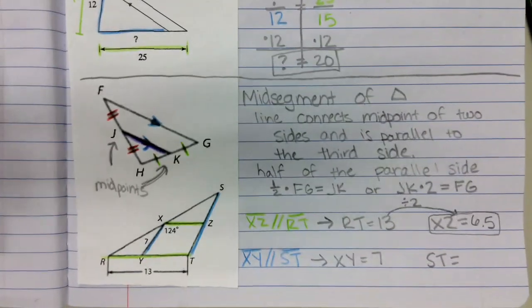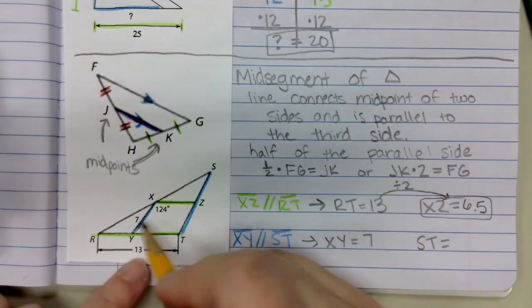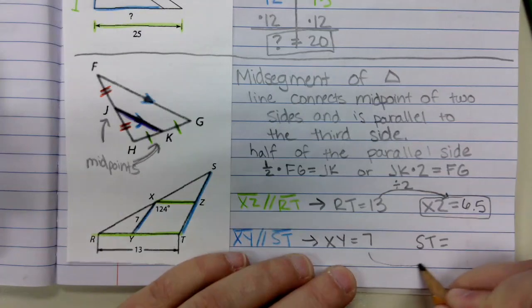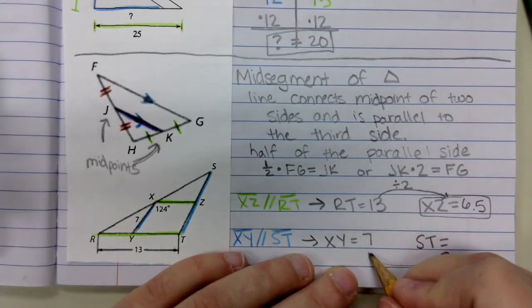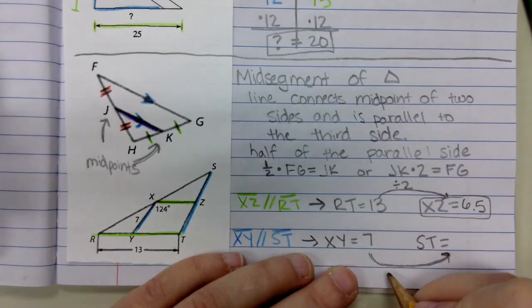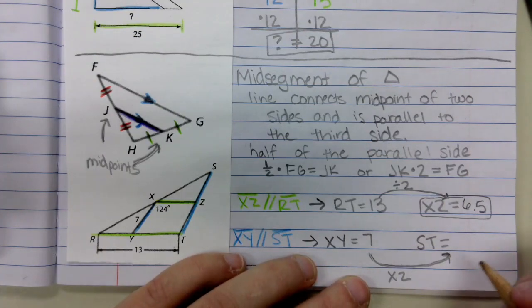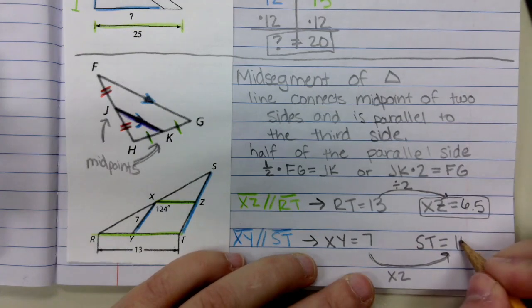Oops, you couldn't see that before, sorry. So that's 7. So to get the other part, we're going to double it. So we take that mid-segment and we will multiply it by 2. So 7 times 2 is 14.